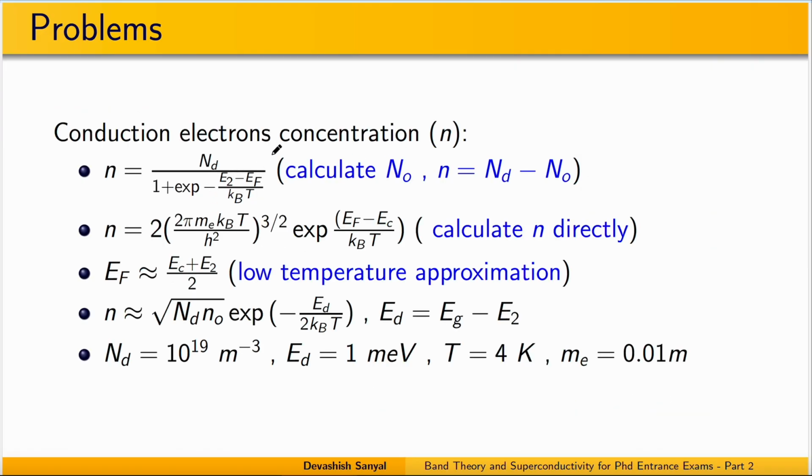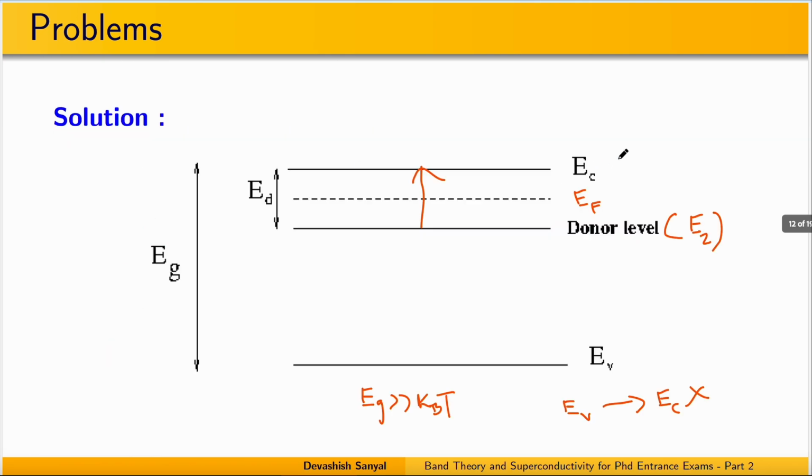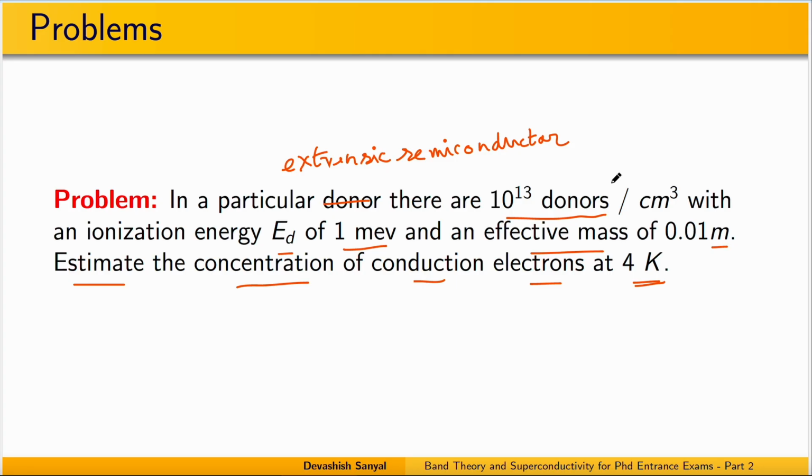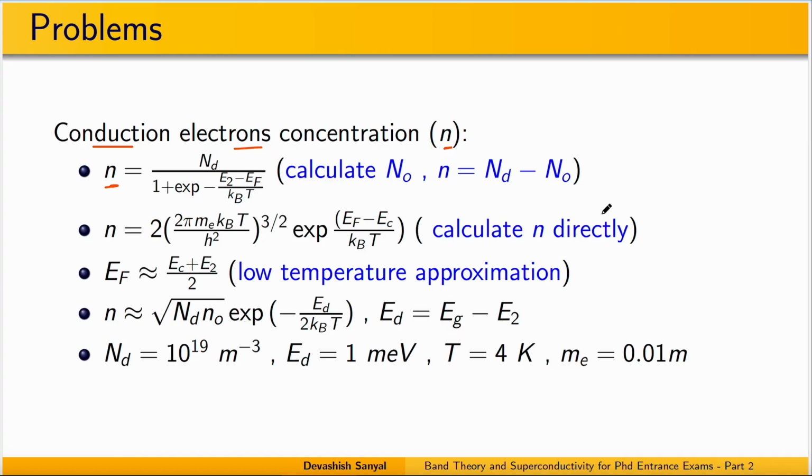We have to find the concentration of conduction electrons, which is given by N. What is ND? ND is the concentration of donor electrons, the impurity concentration. Out of this ND, N0 will remain unionized.